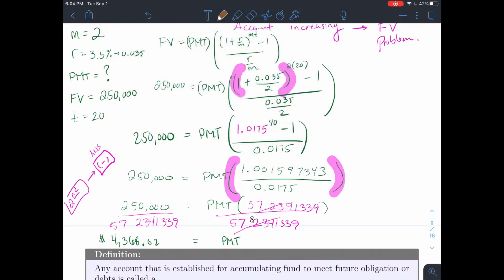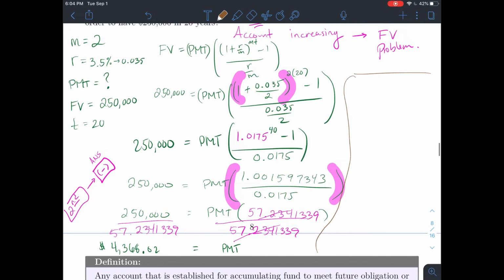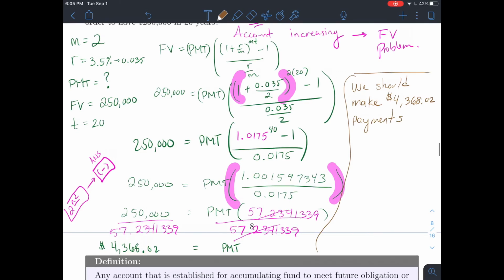And then we're almost done. As always, we should make $4,368.02 payments semi-annually over 20 years to have a future value of $250,000 in your account.